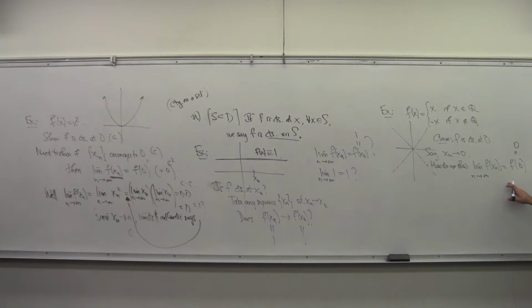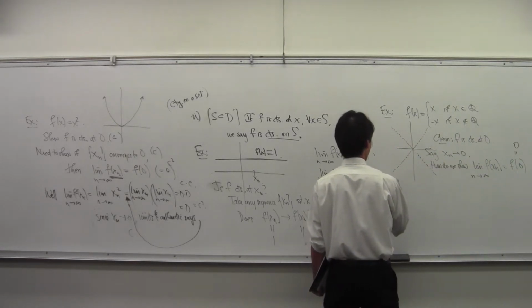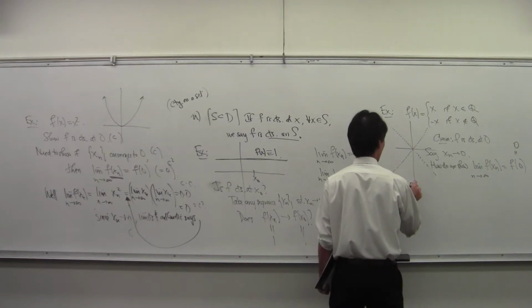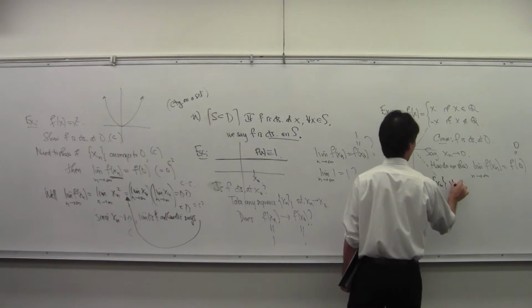Well, we can make subsequences, and take the limit of the subsequences. In fact, we could use the theorem from the problem we just did. You could say, take any sequence x of n such that x of n goes to 0.